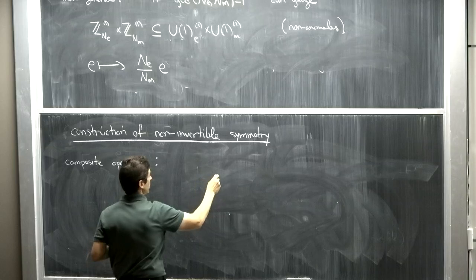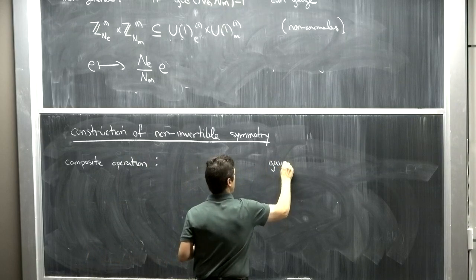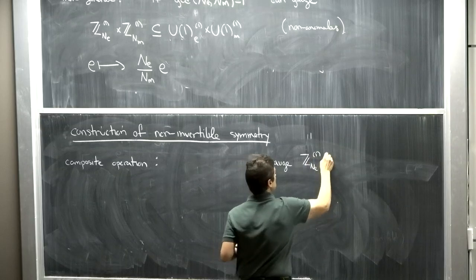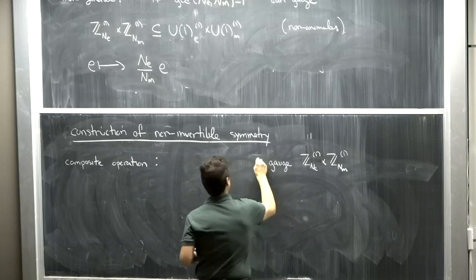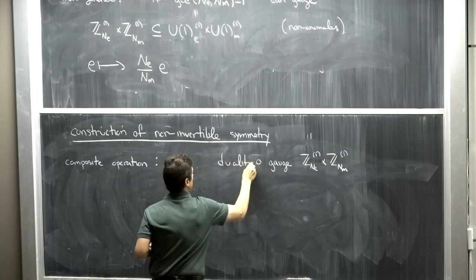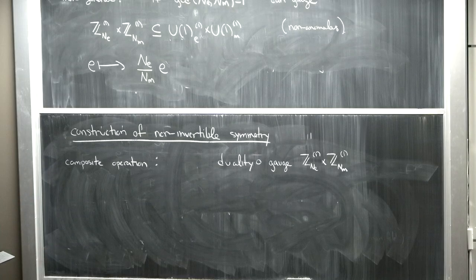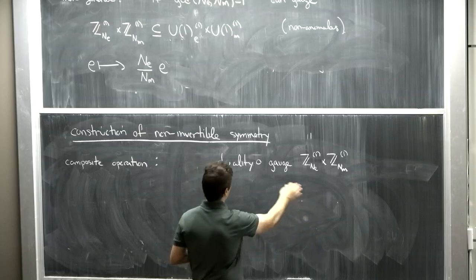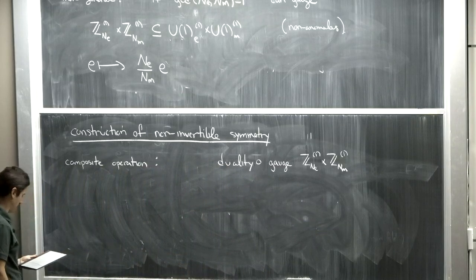So I take whatever my theory is. I first gauge Z_{N_E} times Z_{N_M}. And then afterwards, I do electric-magnetic duality. So we can just, at a first pass, view this as some composite action on the coupling. So what is that?